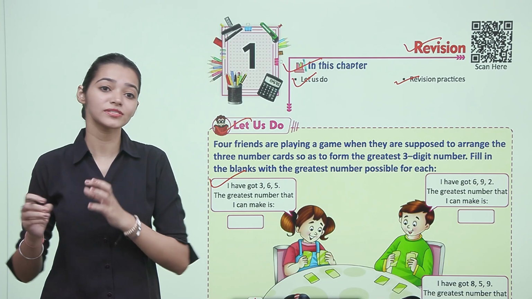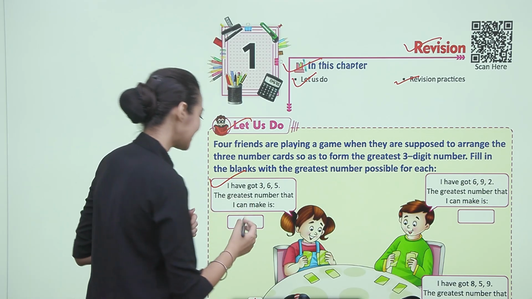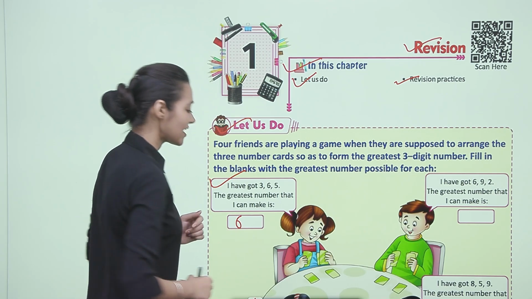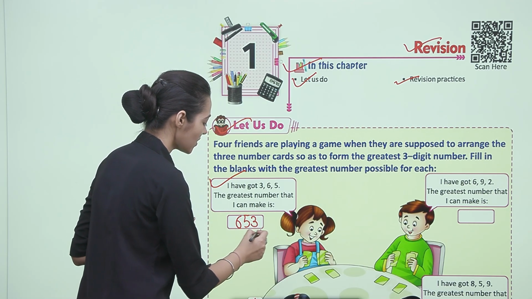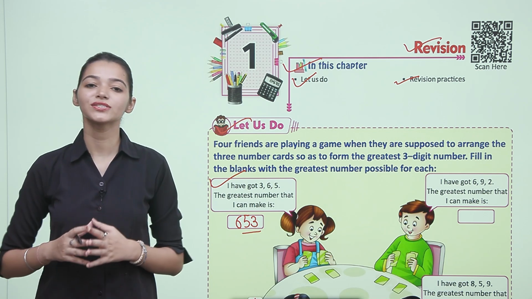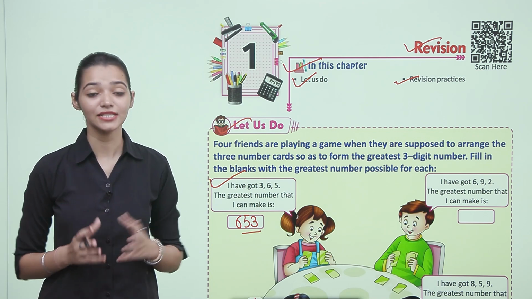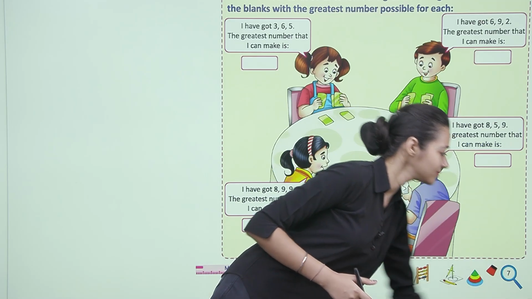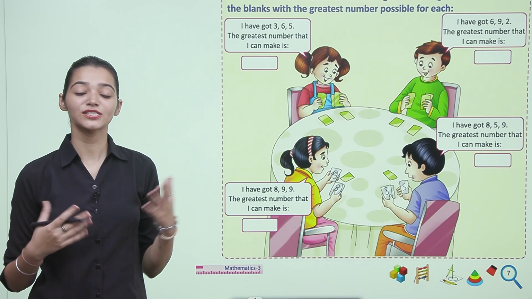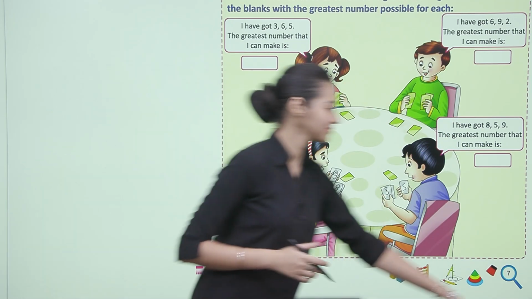Now the greatest possible number is, write 6, after that 5 and then 3. So 653 is the greatest possible number. That's how you can solve the remaining parts.